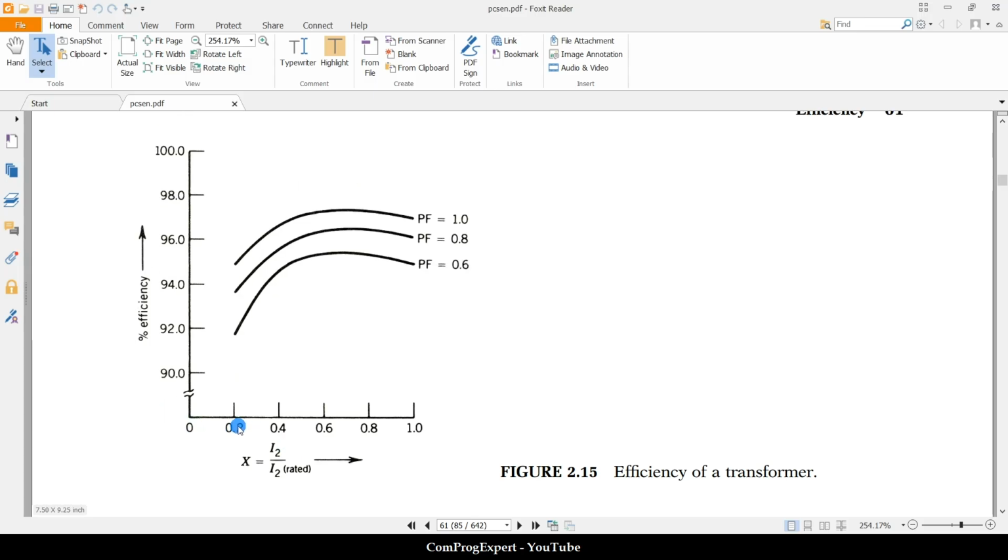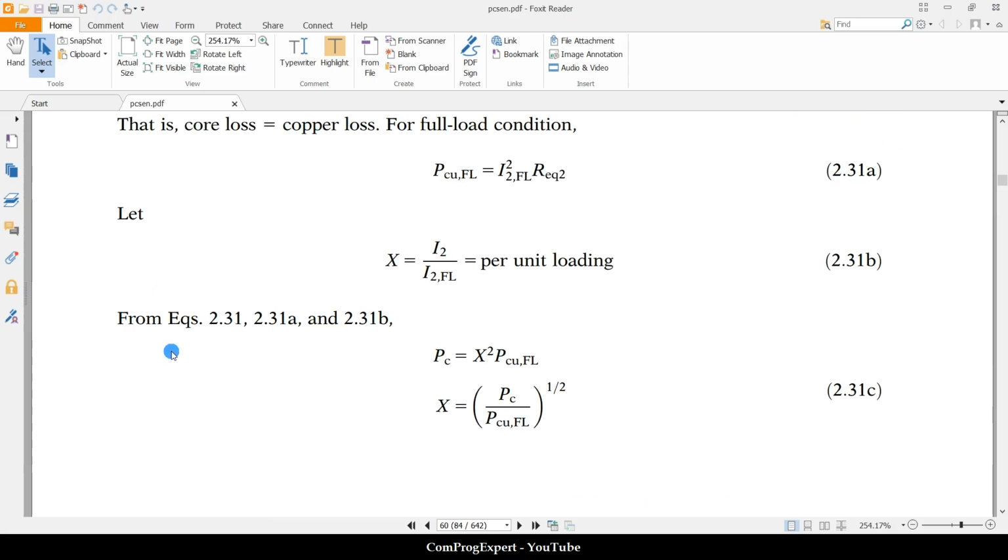As you can see, when the load fraction is low, the efficiency is low. We have a maximum efficiency right here. And again, if we increase the load fraction, maybe overloading the transformer, the efficiency could reduce. So we generate this graph now. Here is the efficiency.